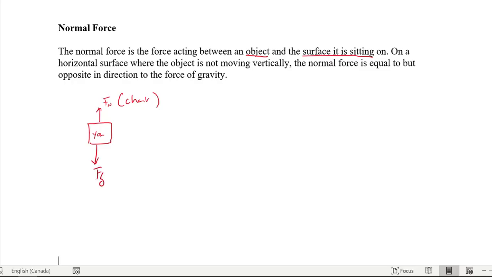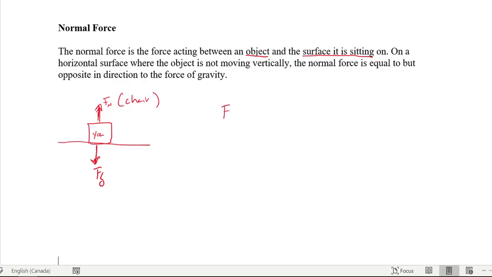So on a horizontal surface, if you're not sitting on a slant or something like that, the normal force is equal to, but opposite in direction of, the force of gravity. Whatever this is, and whatever this is, balanced out. And that's why you're not falling through your chair or moving. You are maintaining a constant velocity because of that.